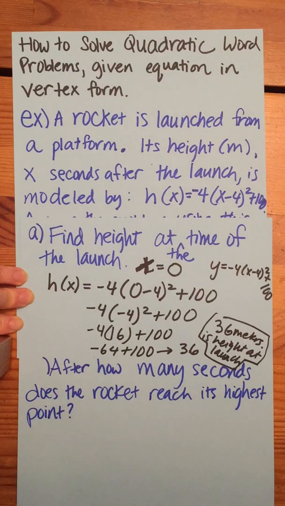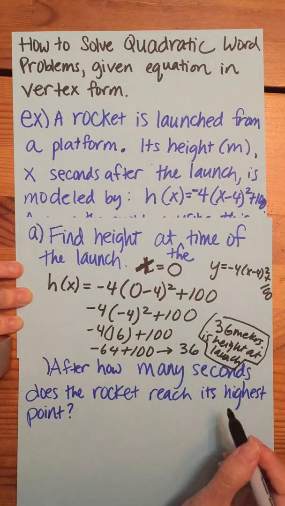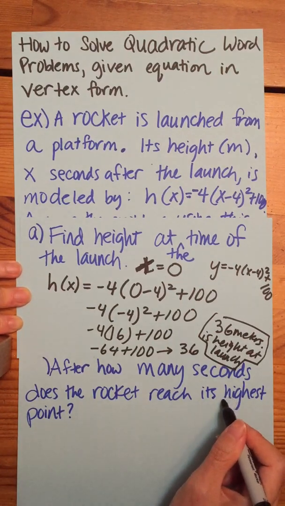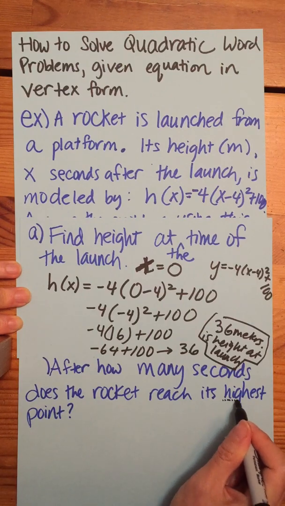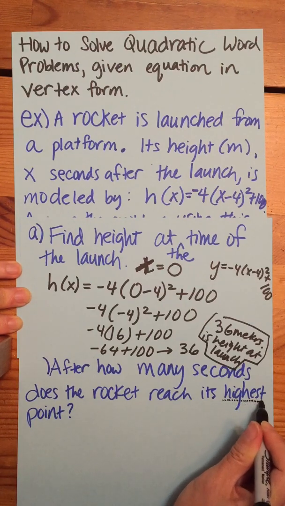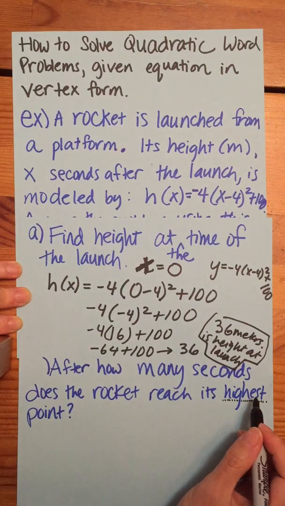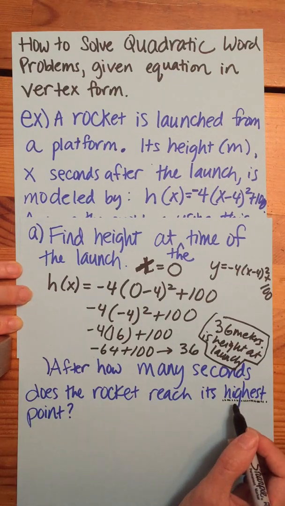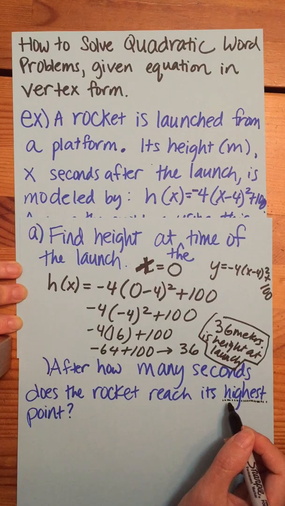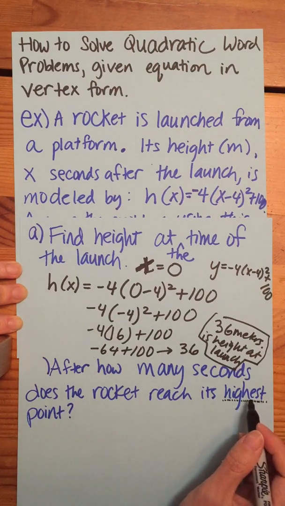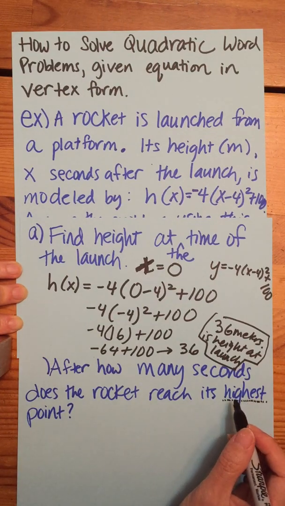Okay, so as soon as you see the word highest, that should be a key word to you. When you see the word highest, most high, most, fastest, most expensive, least expensive, any extremes, telling you that it's a maximum or minimum, you should know that you're looking for the vertex.